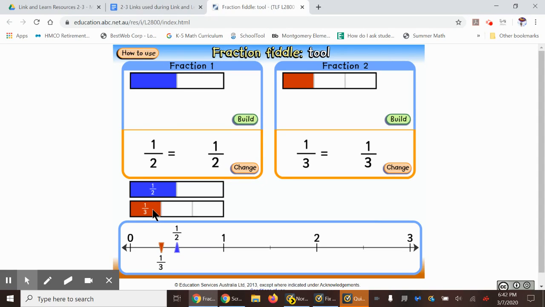Because 1/3 is smaller, it's also going to be closer to 0 on the number line.